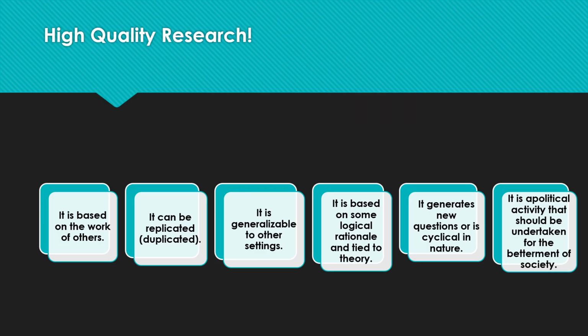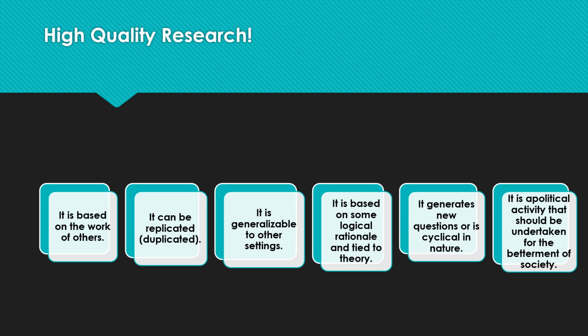Now, high quality research normally has these characteristics. It is based on the work of others. It means that we have some benchmark, or we did some literature review to see what other people are doing. High quality research also means that it can be replicated or duplicated, so if another person would like to improve our research, they can do so.